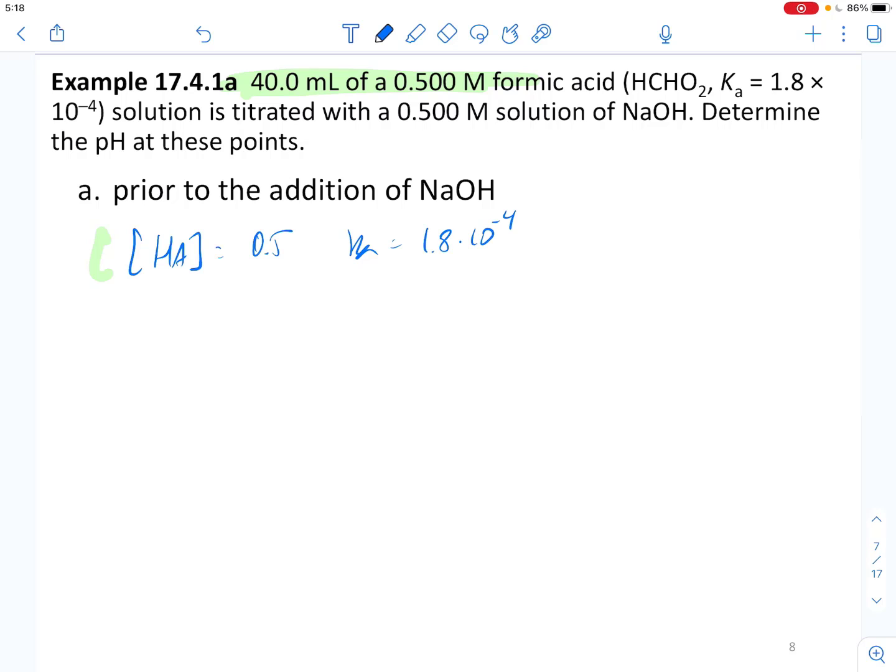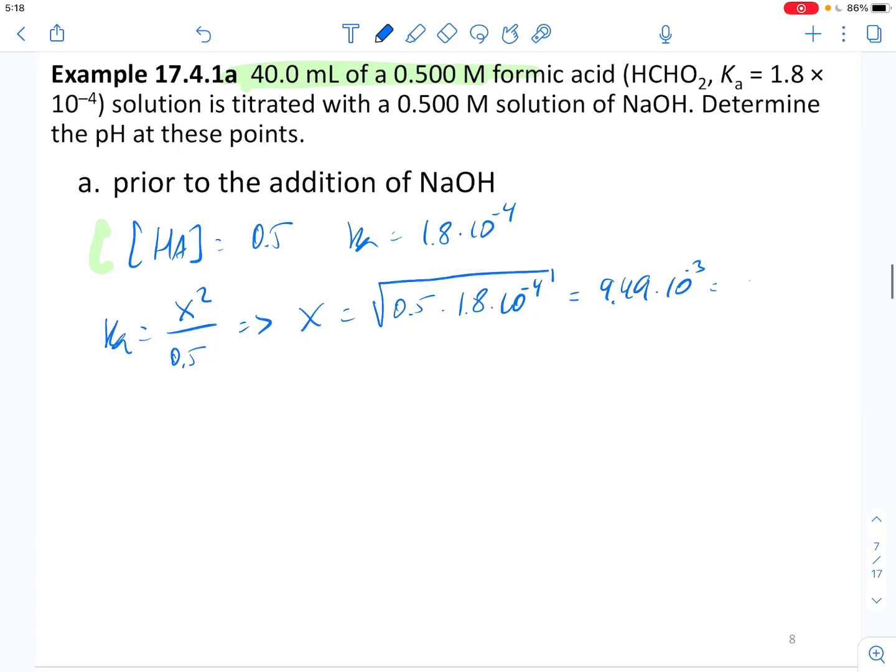Therefore, Ka equals x squared over 0.5, which means x is the square root of 0.5 times 1.8 times 10 to the negative 4. This is equal to 9.49 times 10 to the negative 3, our concentration of H+.